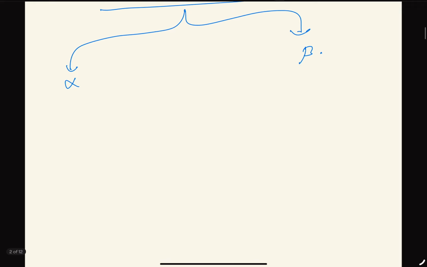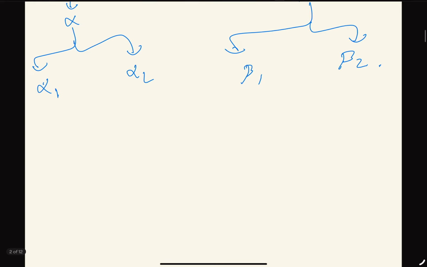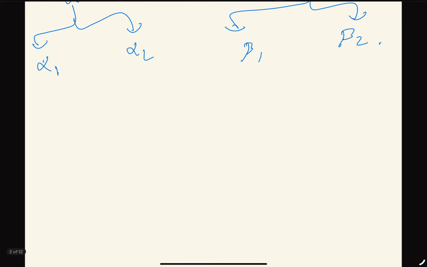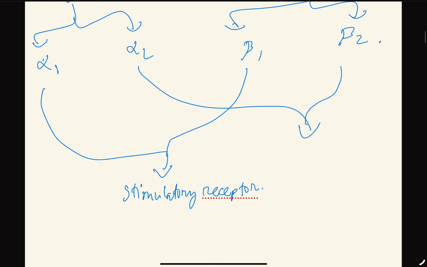Alpha receptor is divided into two types: alpha 1 receptor and alpha 2 receptor, and beta receptor is of two types: beta 1 receptor and beta 2 receptor. So we can say that alpha 1 and beta 1 receptors are the stimulatory receptors, and alpha 2 and beta 2 are the inhibitory receptors.